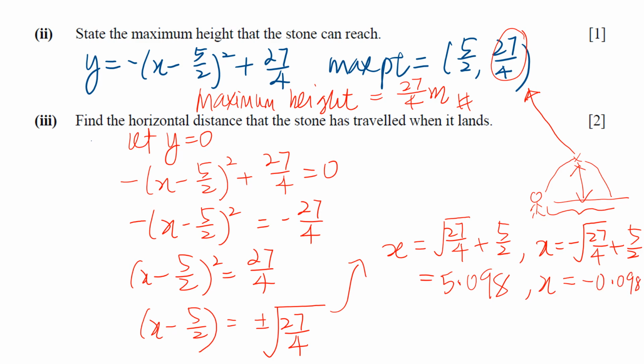So of course we have to reject this answer, because we're talking about horizontal distance, which is a positive value. So therefore your horizontal distance would be, to three significant figures, 5.10 meters.